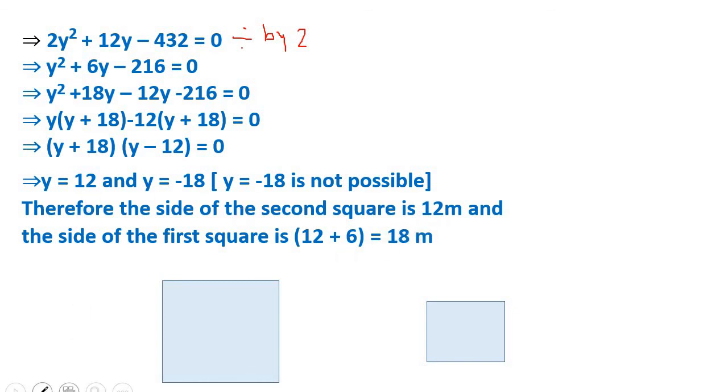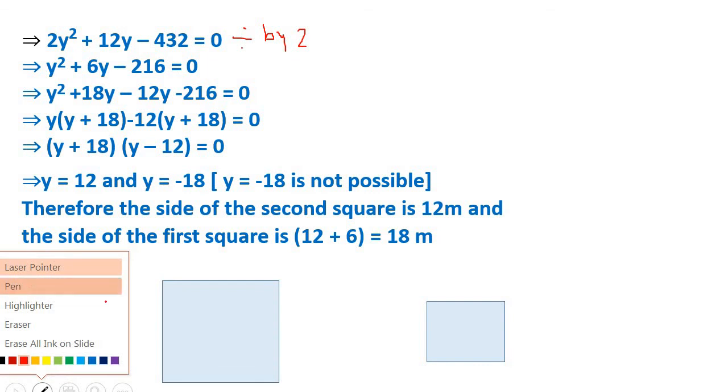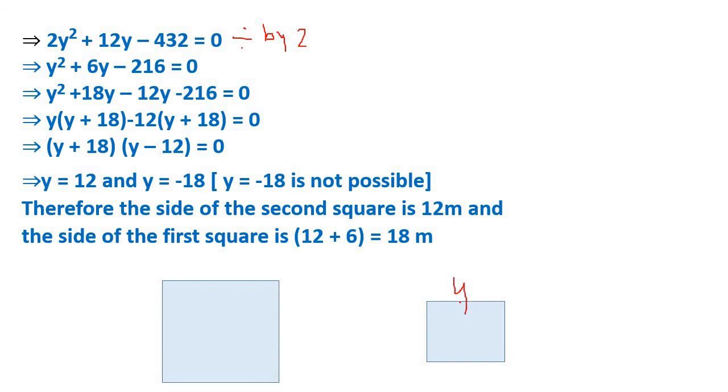So what is y? Here it is y and here it is x. Here we got y is equal to 12. For the smaller square, the side is 12 meter. The side of the second square is 12 meter.